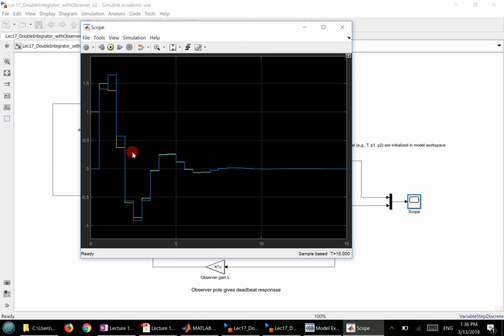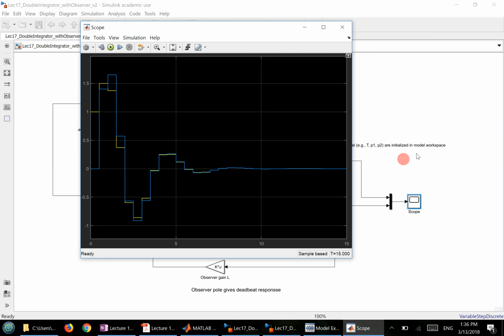If you see the blue color, I believe it is the system actual output state, and the yellow color is the observer output. As you can see, the error between the observation and the actual will automatically go to 0 as k goes to infinity.